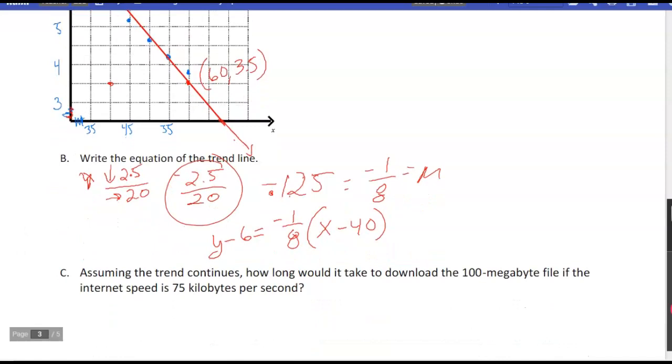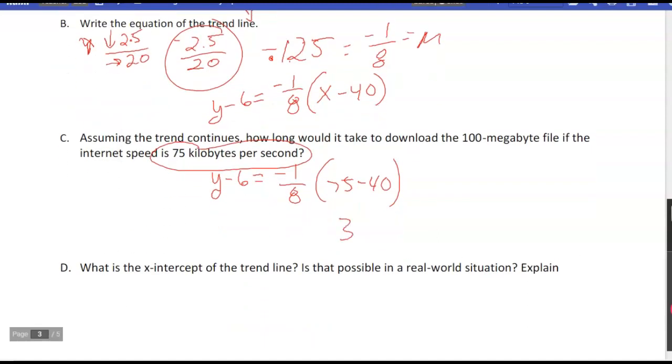So if you take your calculator, you would have y minus 6 equals negative 1/8, and 75 seconds is our x. So we do 75 minus 40. So that becomes 35 in parentheses. And this is where you would have to take your calculator. So if you already have your calculator out from the last problem, I'll make that negative 1/8 times 35.